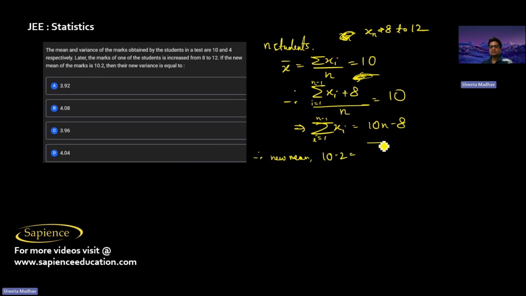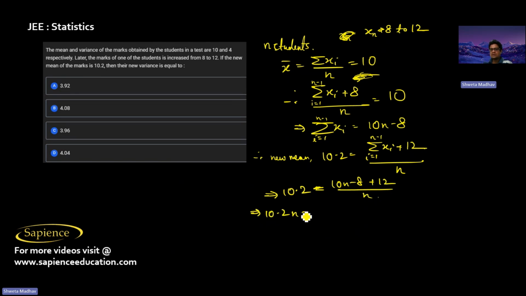So 10.2 is summation xi from 1 to n minus 1 plus 12, divided by n, which is (10n minus 8 plus 12) by n. So 10.2 into n equals 10n plus 4. This gives 10.2n minus 10n equals 4.